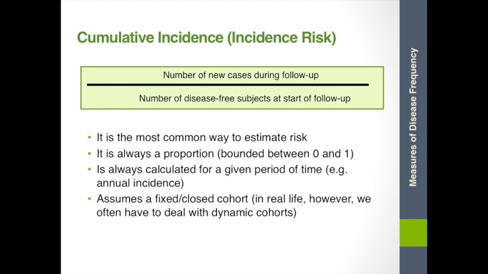Note that the candidate population is comprised of people who are at risk of getting the disease. Time is not an integral part of this proportion. However, the period of time for which the proportion applies should be stated. This measure is commonly used in fixed populations with small losses to follow up.